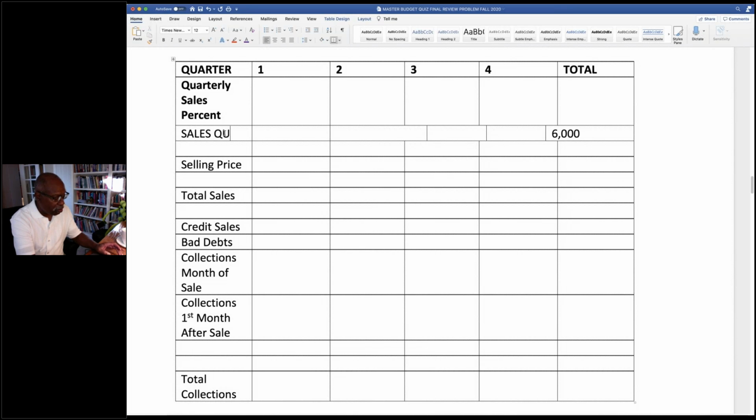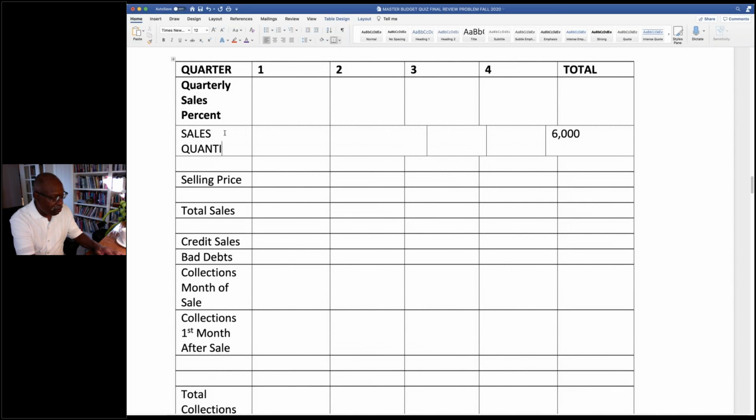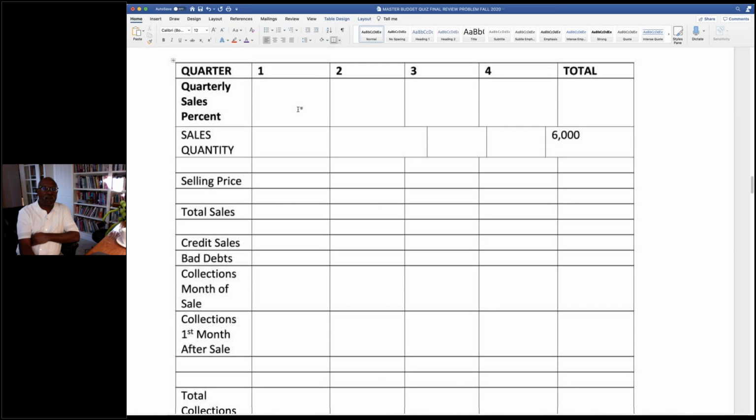Why do you have all those extra sales and stuff? Sometimes the problems are more complicated. What are our percentages based on the assumptions? Oh, 10%. 10, 20, 10, 60.